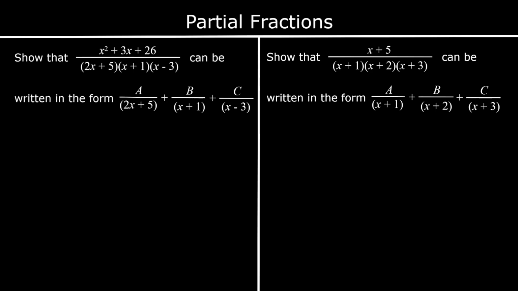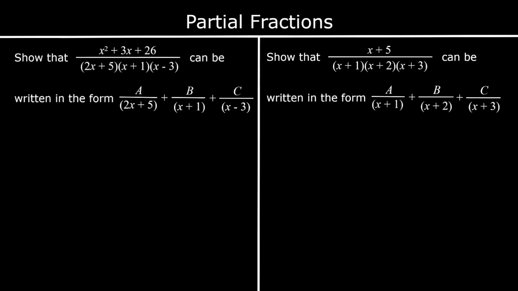One more question. Show that x squared plus 3x plus 26 over 2x plus 5 times x plus 1 times x minus 3 can be written in the form a over 2x plus 5 plus b over x plus 1 plus c over x minus 3. So it's the same thing again. So we're going to times through by the denominator.